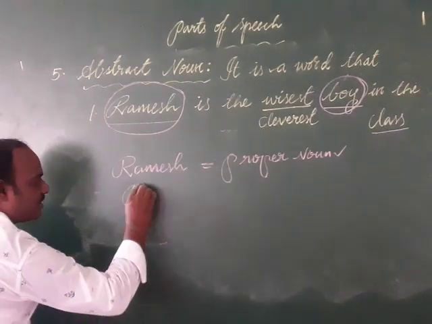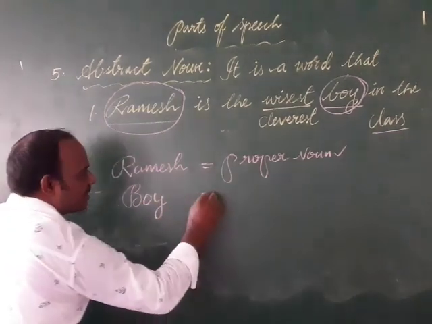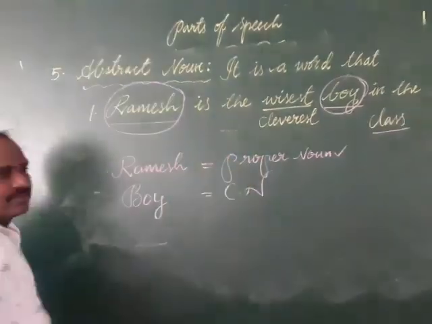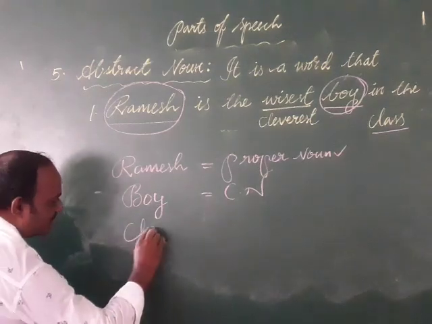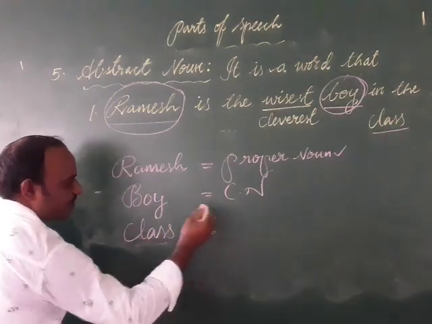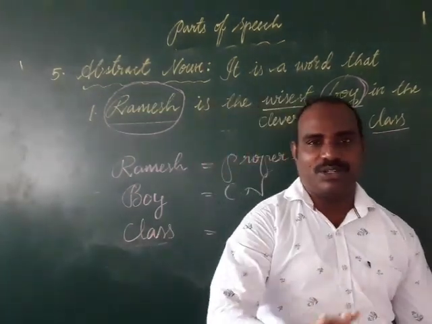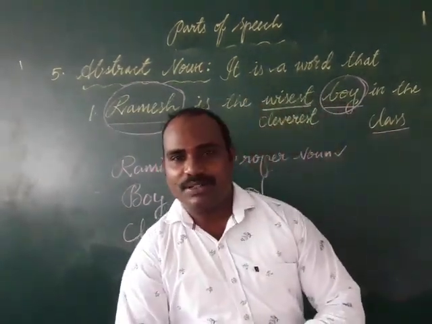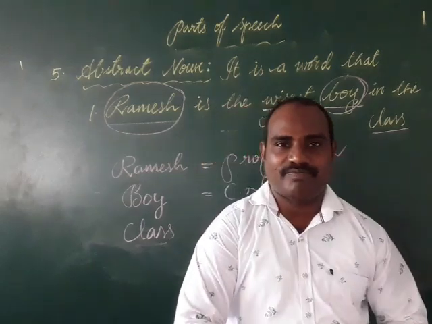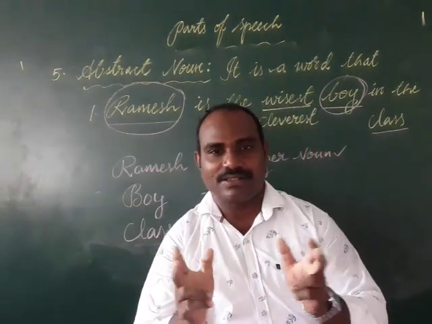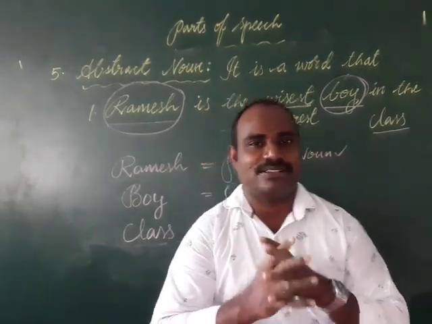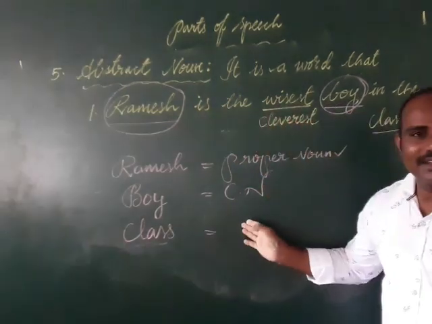So right here the word boy is a common noun. See, class, C-L-A-S-S. Class is a group of students or children. So groups are called collective nouns. A collection of students or children is called a class. So class is a collective noun.